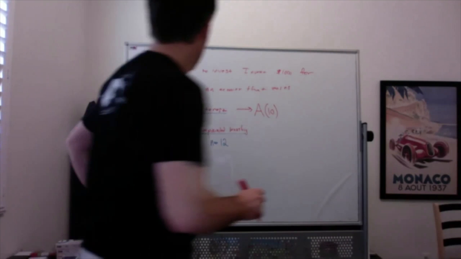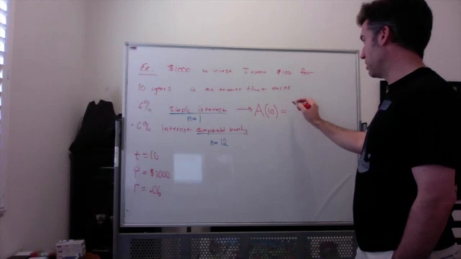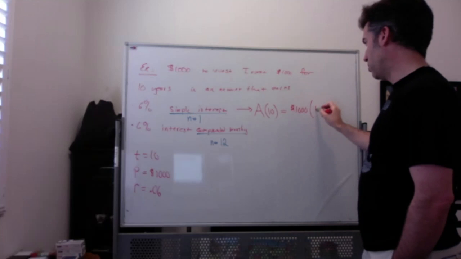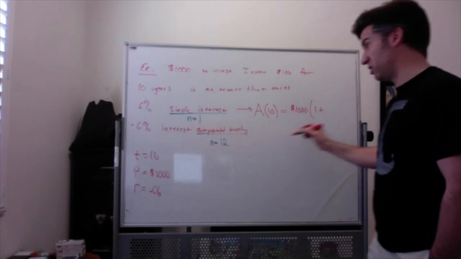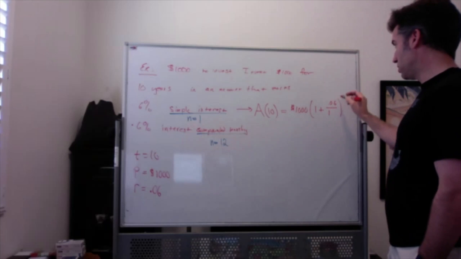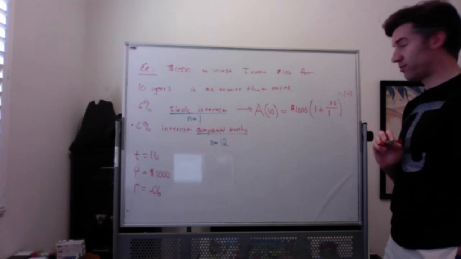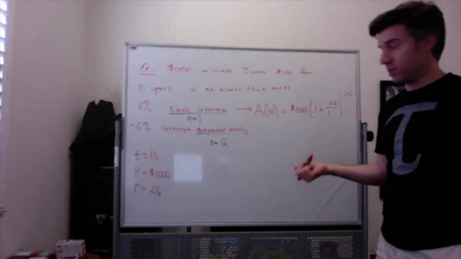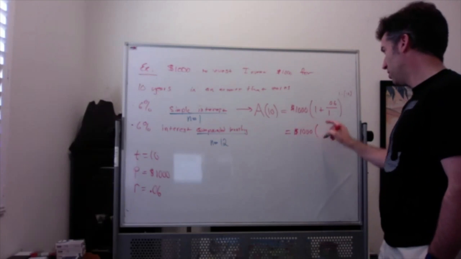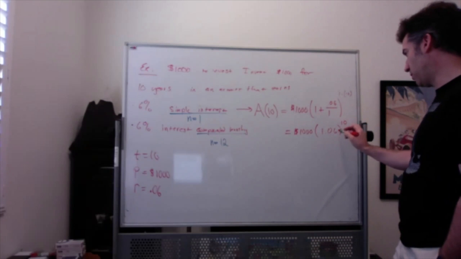Let's see what happens. For the simple interest, the amount of money after 10 years is going to be the principal, $1,000, times 1 plus r, which is 0.06, divided by 1, to the n, which is 1, times t, which is 10 power. Simplifying this a little bit before I put it into a calculator, this would be $1,000 times 1 plus 0.06 over 1, which is just 1.06 to the 10th power.